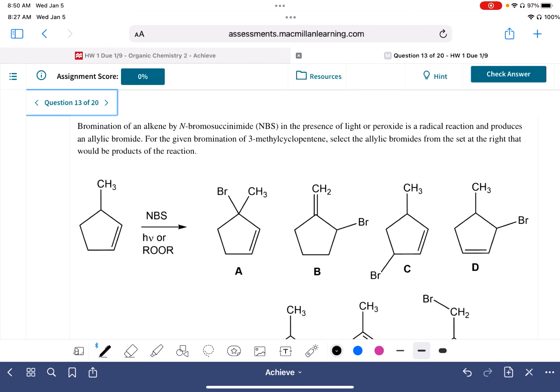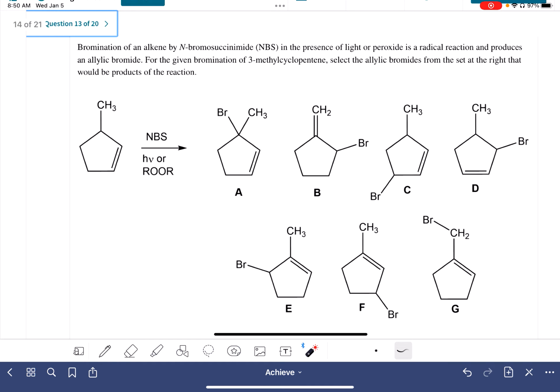So this has your starting molecule, and it has NBS, which is your source of bromine, and then it has your initiators, as light or heat. And then it has all these possible products, A through G, and it gives you an option to pick as many as you want, which are the products of this reaction.